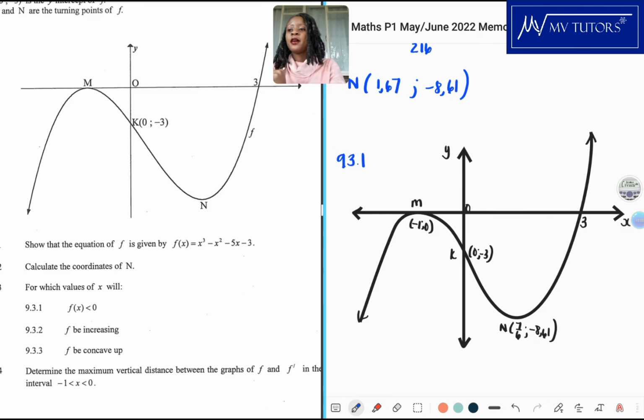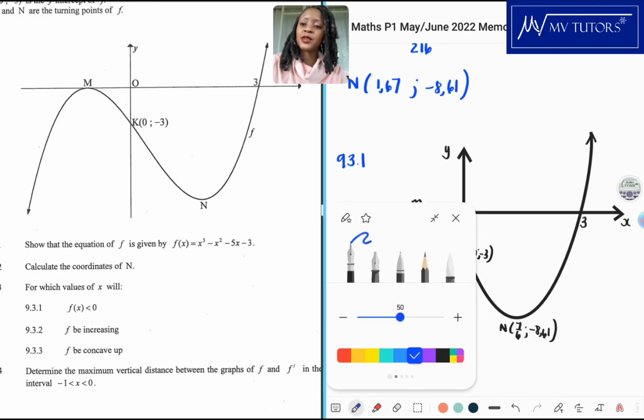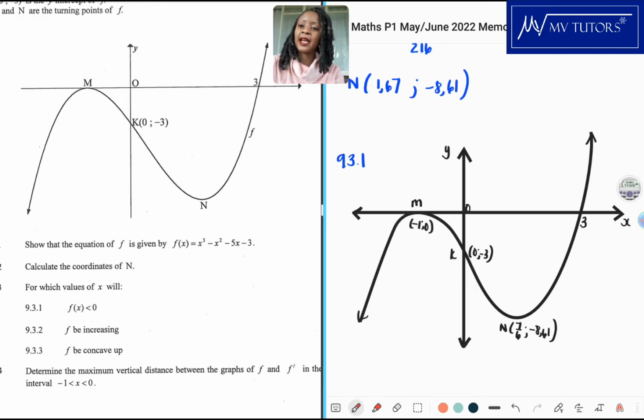It says, for which values of x will the function be smaller than 0. If f of x is smaller than 0, we're looking at the y values of the f function where they are less than 0. Here I have negative values, then I get to m and y is 0.